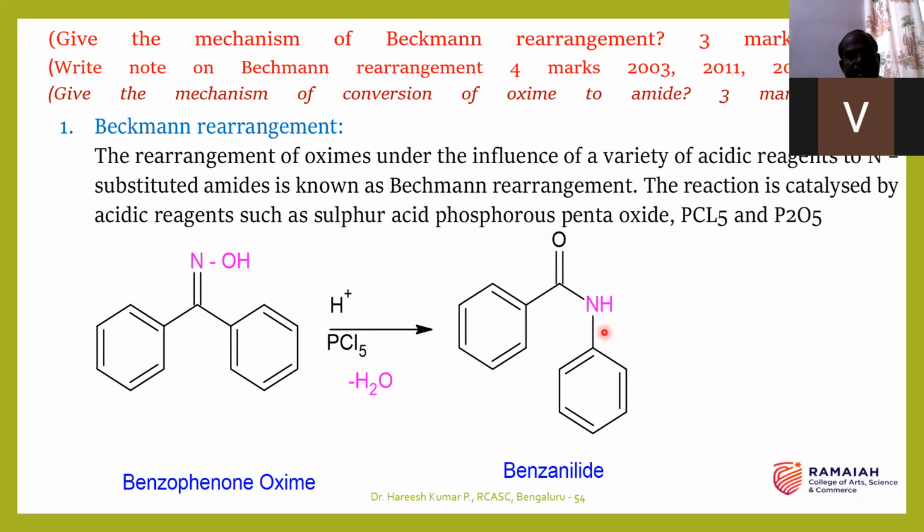How is the substituted amide obtained? Because there will be a migration of one of the phenyl groups from this carbon to nitrogen. So the benzanilide. Then one can frame a question like this: how do you convert benzophenone oxime to benzanilide? That time also it belongs to the Beckmann rearrangement.